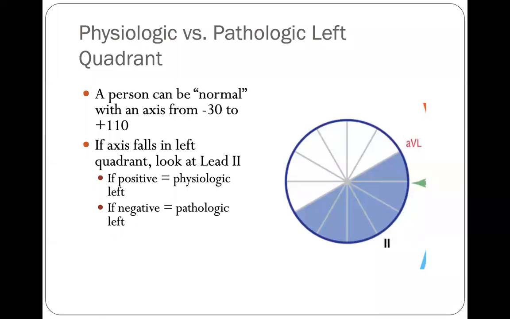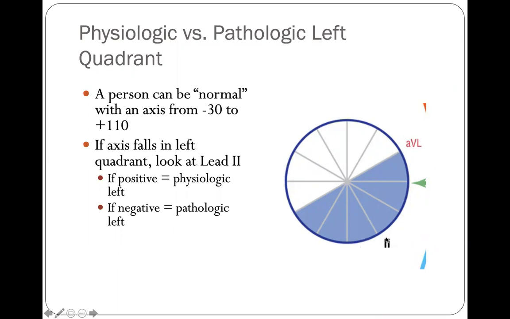So we have an easy way to figure that out, actually, because the 0 to -30, that -30 is the AVL line, and lead 2 being down here at +60, lead 2's biphasic is AVL. That means the AVL line will determine the positive or negativeness of lead 2.